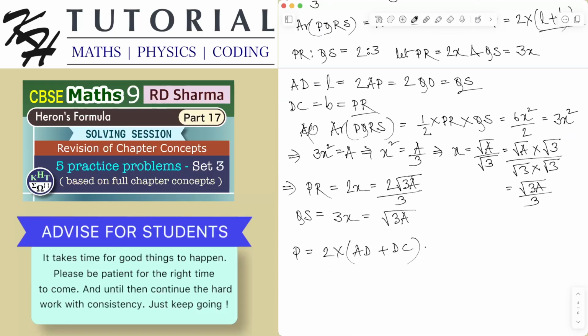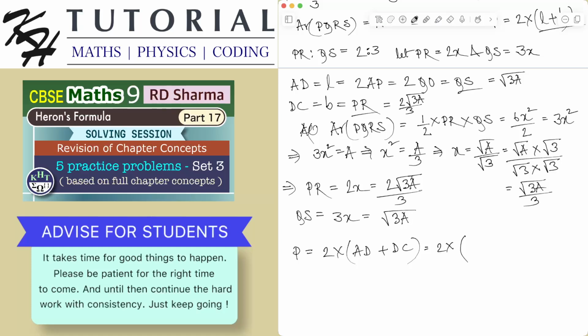DC is equal to PR, and PR we have found to be 2 into square root of 3A by 3, and AD is equal to QS, and QS we have found to be square root of 3A.